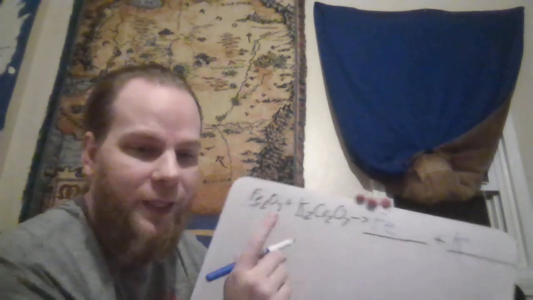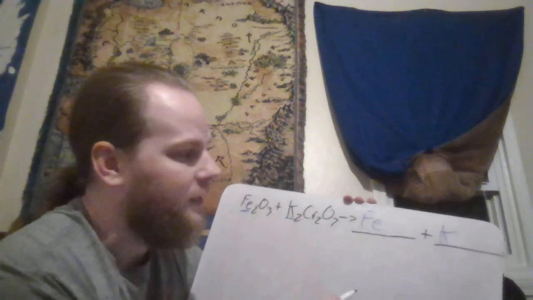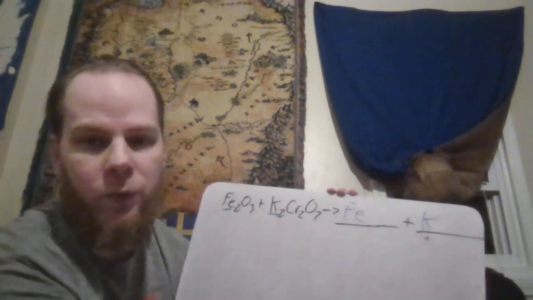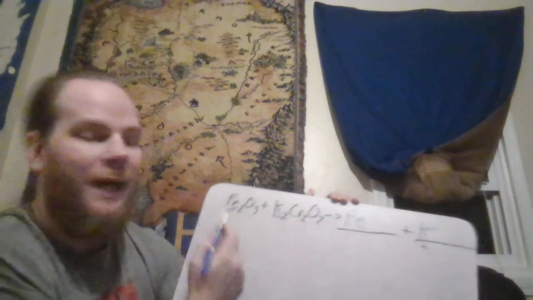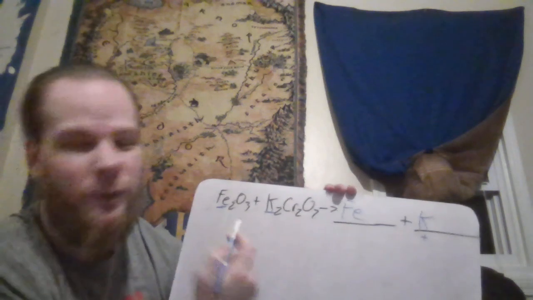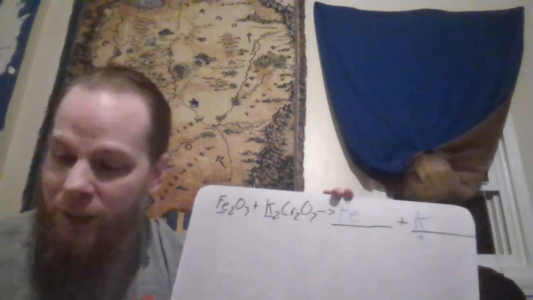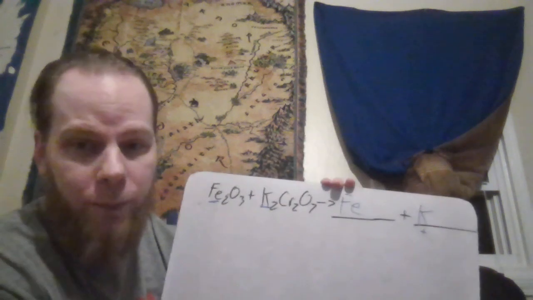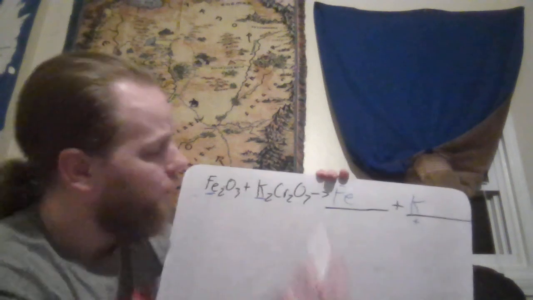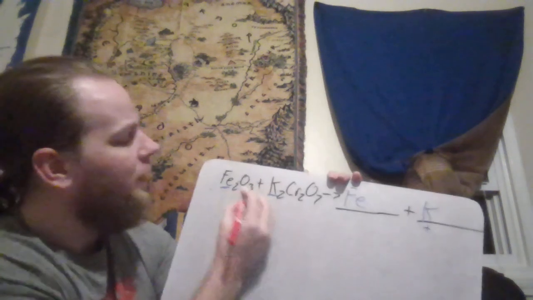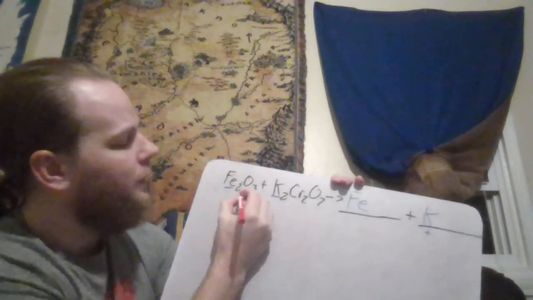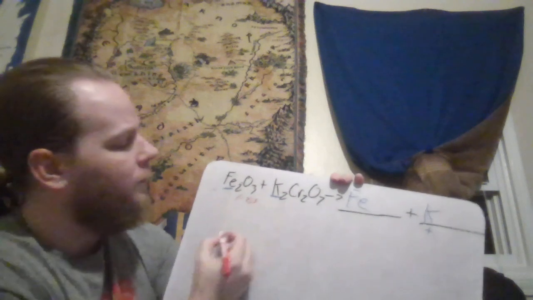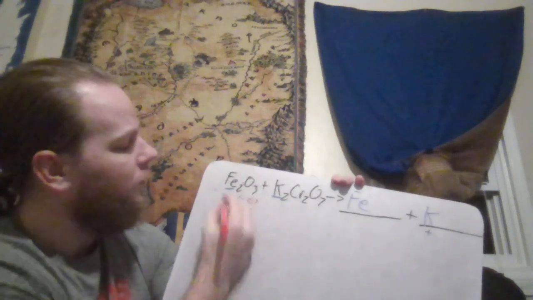Now, we need to know the charge of both of the cations. Now, potassium, we just know is +1 because it's in group 1. But iron's one of those annoying ones where we don't actually know what the charge is going to be. So you can either undo your swap them and drop them, or you can recognize that O has to be a -2, and there are 3 of them, so there's -6.